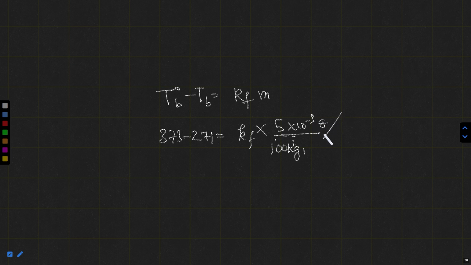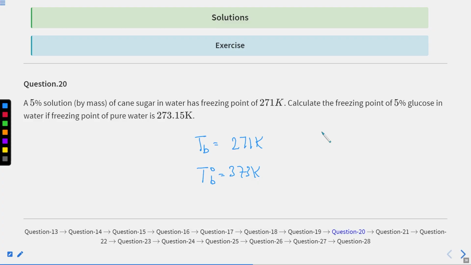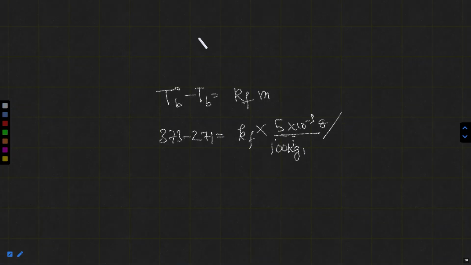Okay. And what is the thing that is being dissolved? That is cane sugar. The formula of cane sugar is C12H22O11. C12 means 12 into 12 is 144.